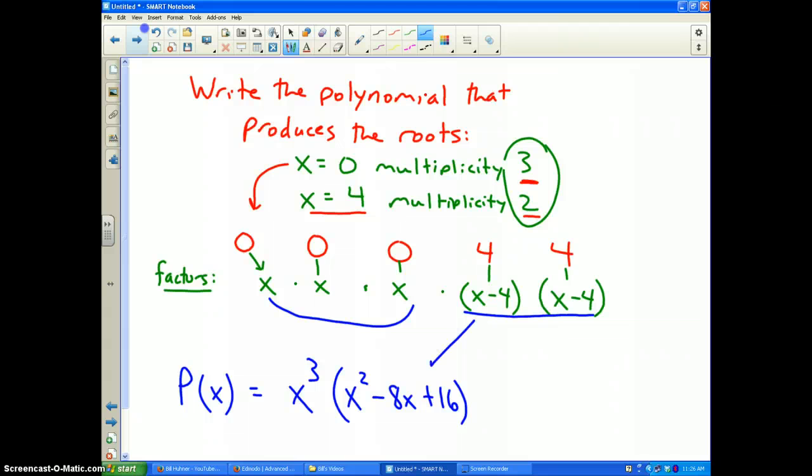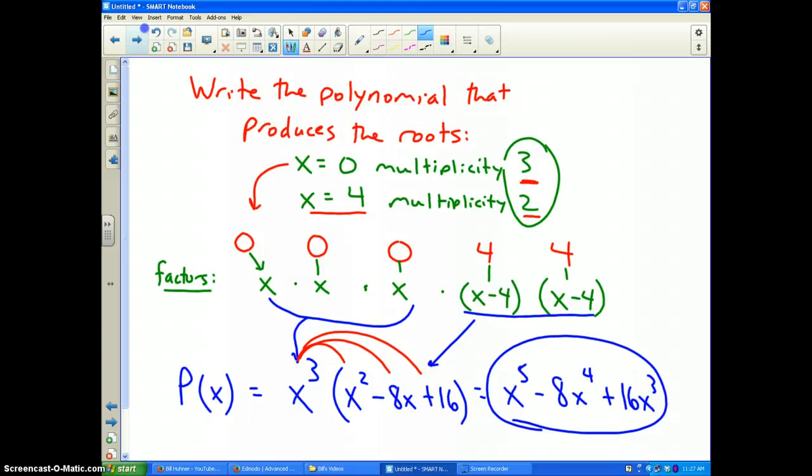Okay, that's this part. Now I've got to distribute. I've got to distribute that x cubed, which gives me a final polynomial of x to the 5th minus 8x to the 4th plus 16x to the 3rd.